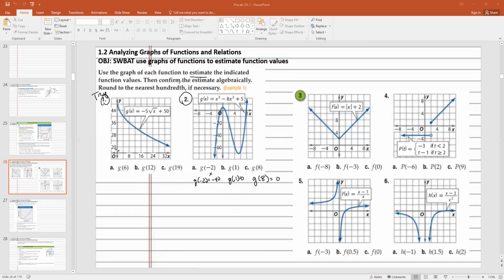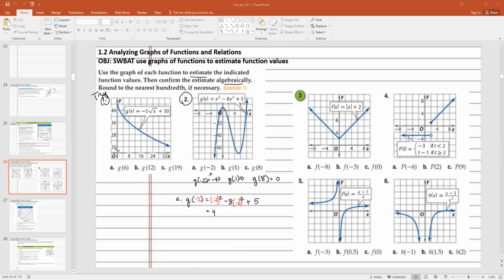All right, so let's plug these in. They want us to confirm it algebraically, so that means we're going to plug these into the function. The first one is g of -2. So we're going to plug in -2 for each of those x's. And remember, especially because it is a -2, you want to put it in parentheses. So (-2) squared is -2 times -2, which is +4.